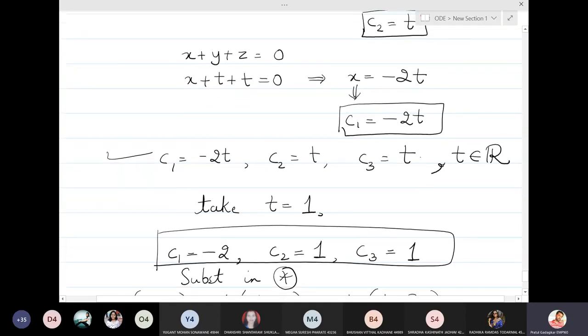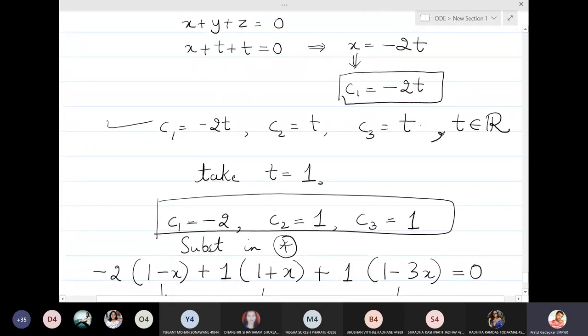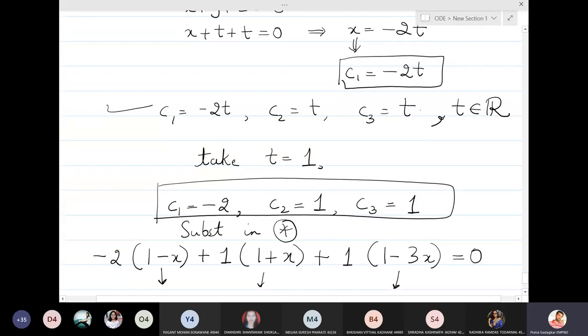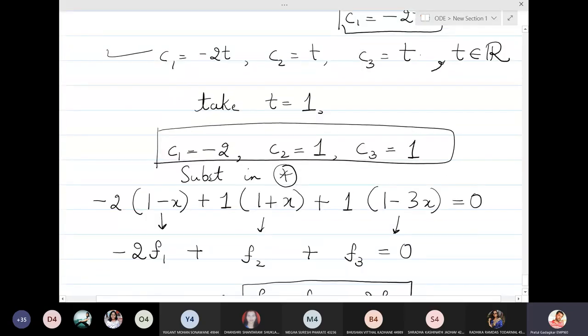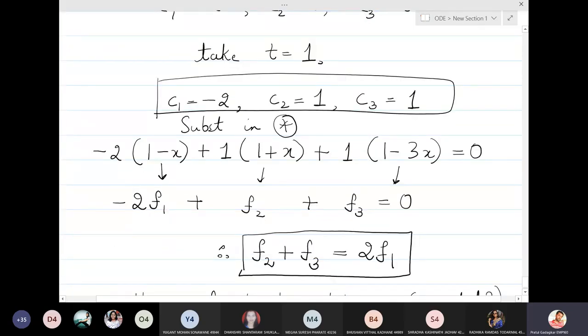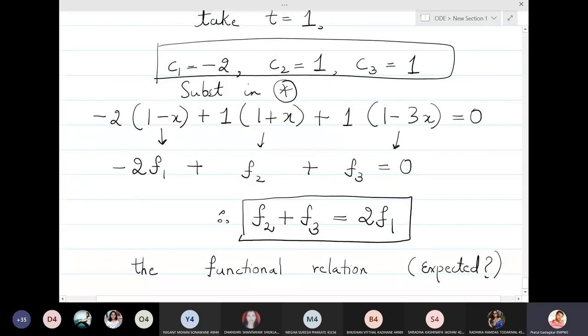So suppose I put t equal to 1, I'm getting the constants, and substitute the constants back into the relation. You will directly get the functional relation. Okay.